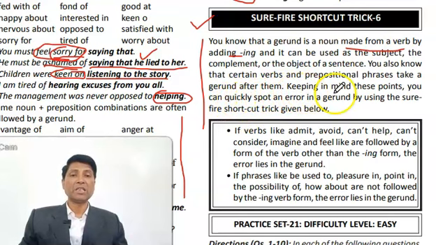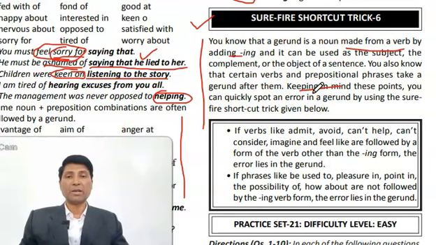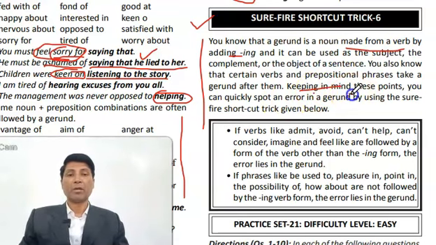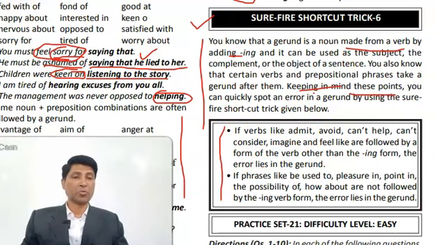Keeping in mind these points, that means the functions of gerund, and that some words and combinations are followed by gerund, we can solve most of the questions. These points need to be kept in mind. Let us understand these 2 points.